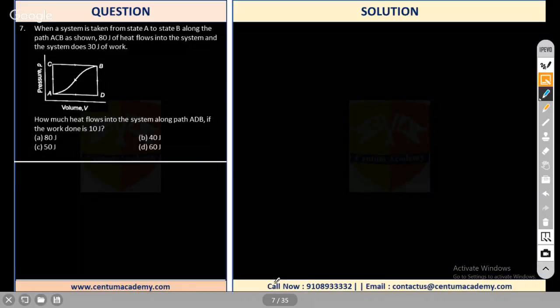Yes, that is what you have to keep in mind. Internal energy is a state function. Correct. Yeah, right, Sanjana.